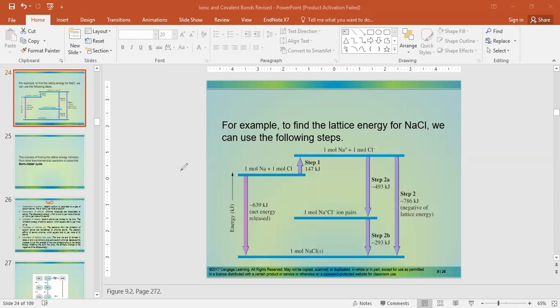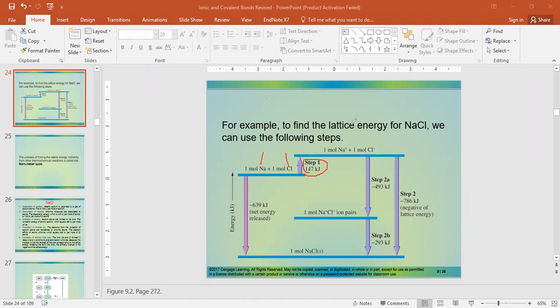Let me tell you what is happening. This is going to be a combination of endothermic and exothermic processes, and the net value is going to be this. There's sublimation here, there's bond breakage here, and then there is the complete transfer of an electron from sodium to chlorine.